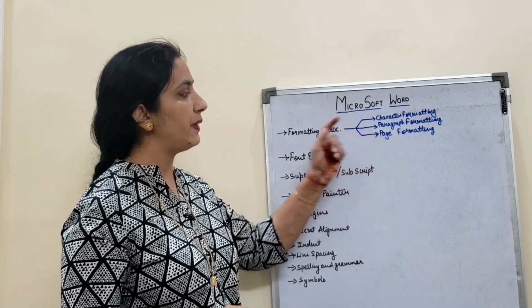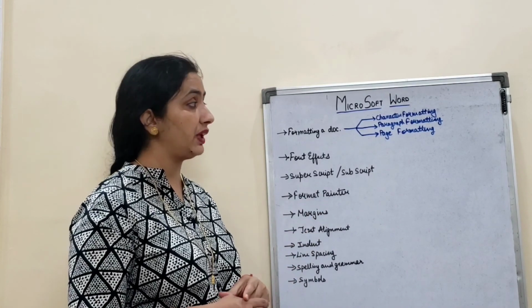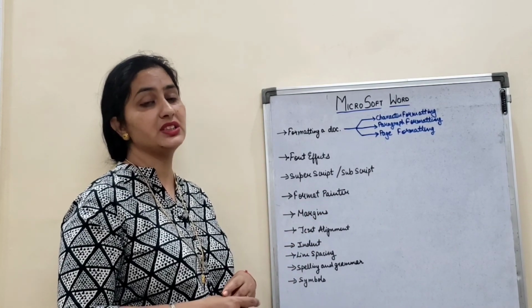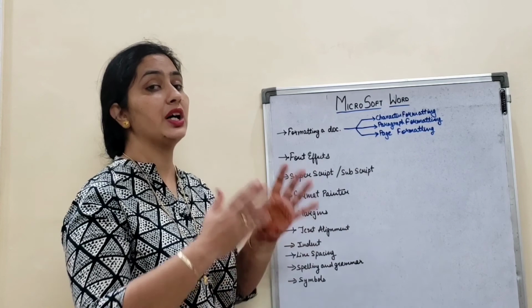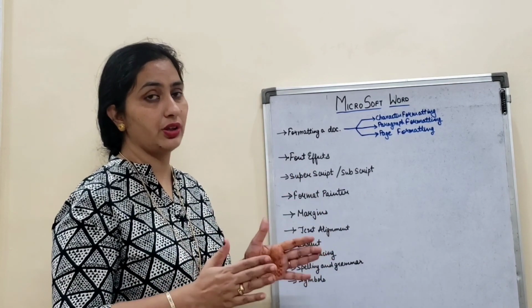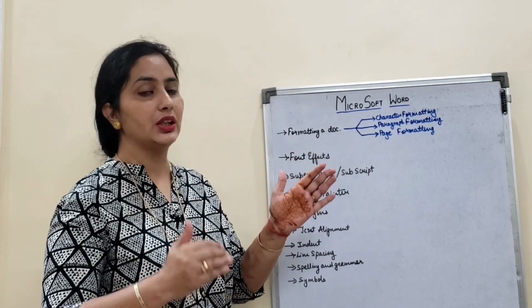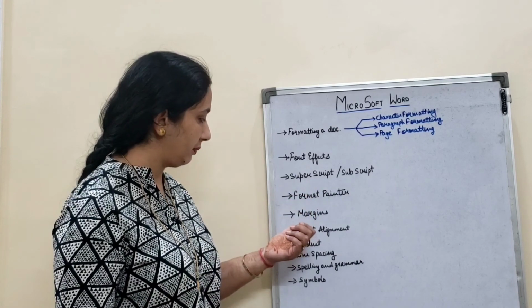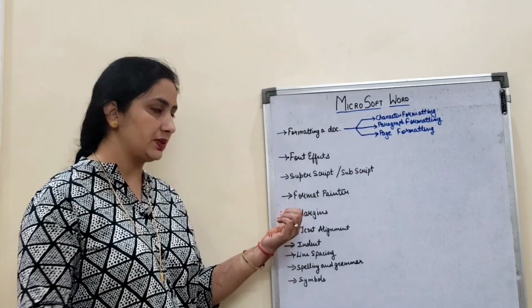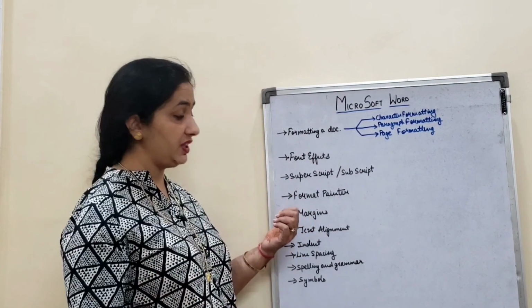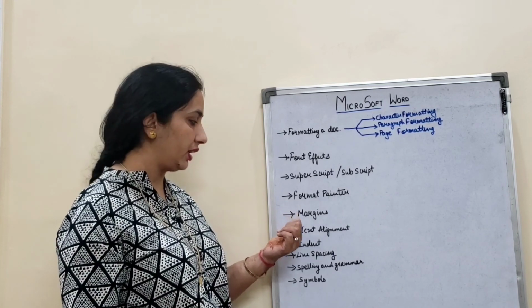Next you have paragraph formatting, which you can apply to a chunk of information, when you have a lengthy paragraph. Then you have margins, the way you have margins in your copies, which you can apply to your paragraph.